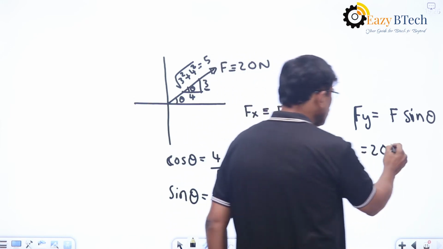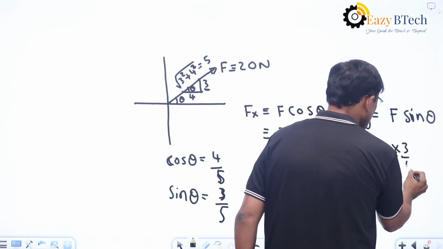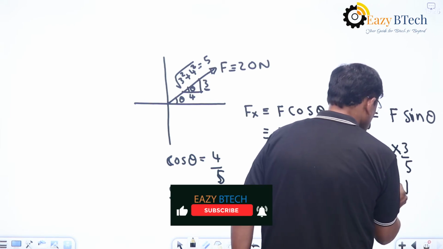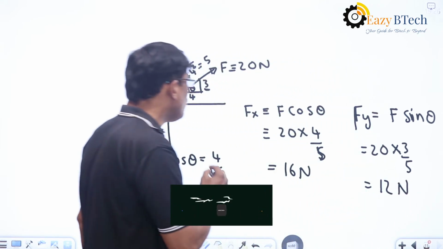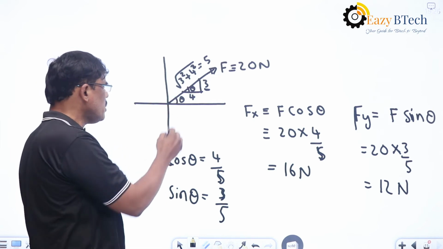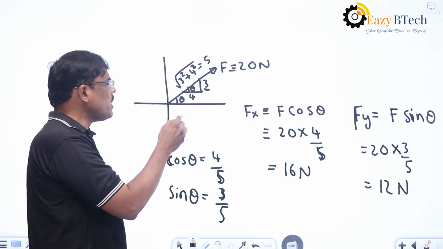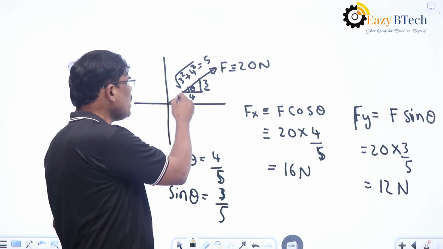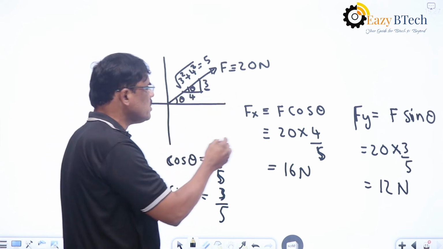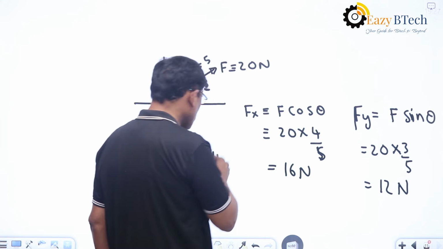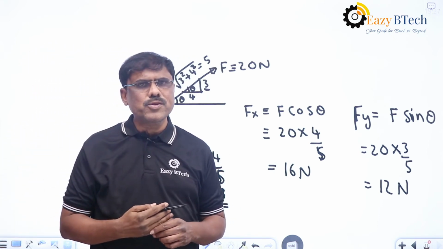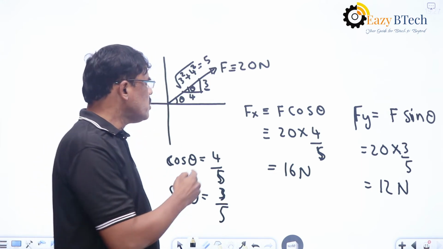So 20 into 3 by 5 becomes 12 newtons. So whenever a slope notation is given, you can find the x and y components in two ways. The first is finding the angle and going with the values. In the second case, you can find the cos theta and sin theta and substitute those values in Fx and Fy.